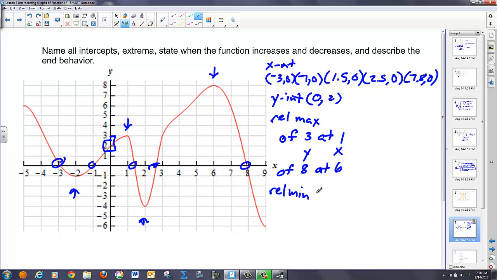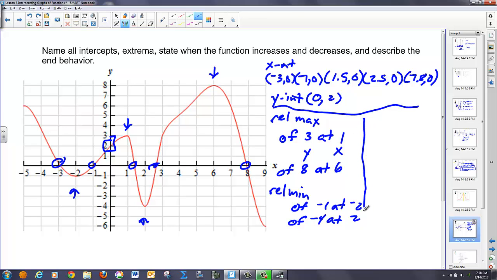So I have a relative minimum of, the y value appears to be at -1. And that happens when the x value is -2. And then I also have another relative minimum where my y value is -4. And that happens at an x value of 2. Step 2 done.